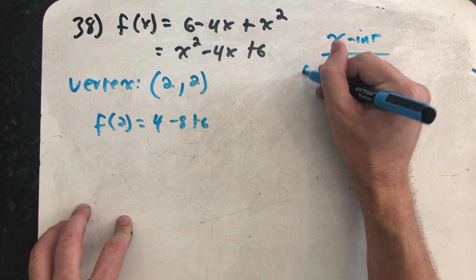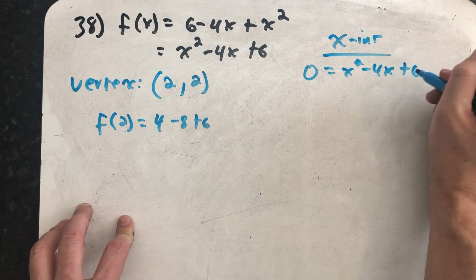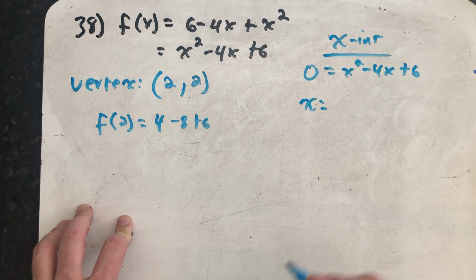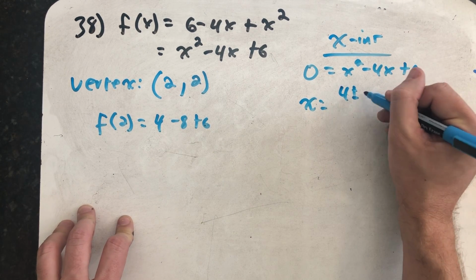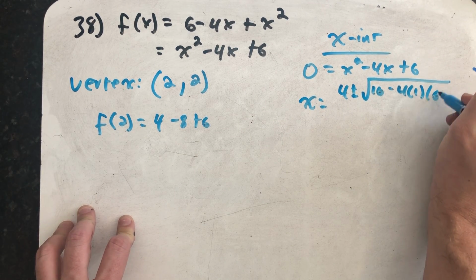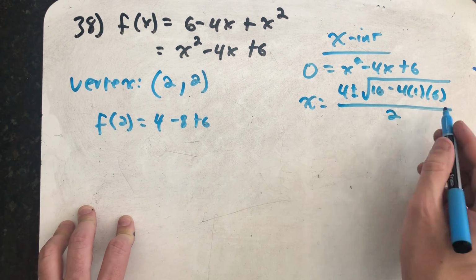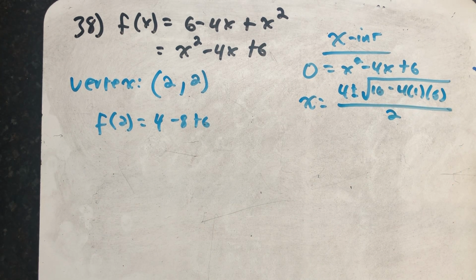My x-intercepts happen where the function's equal to 0. Use the quadratic formula here. Opposite of b plus or minus the square root of b squared, 16, minus 4 times a times c, all over 2a. Well, right here I could stop because I actually see I get a negative under the radical.